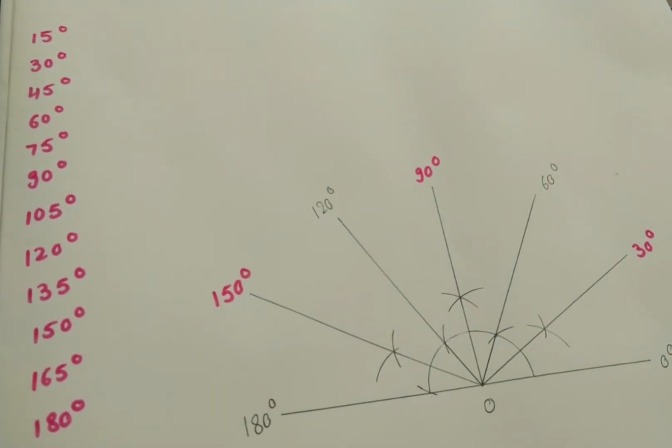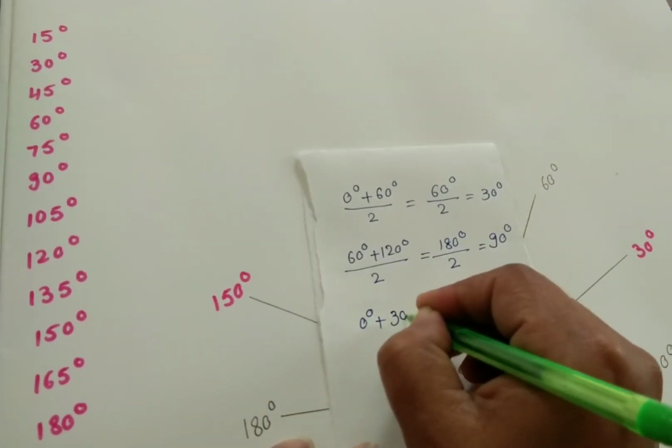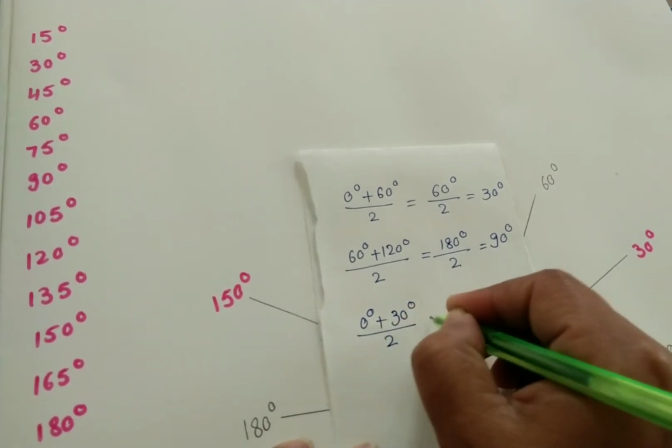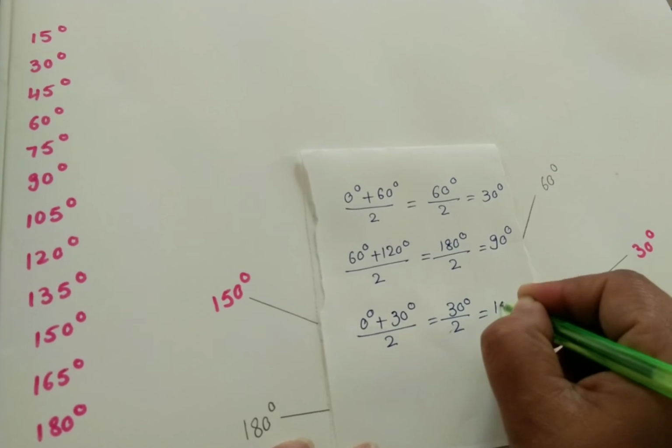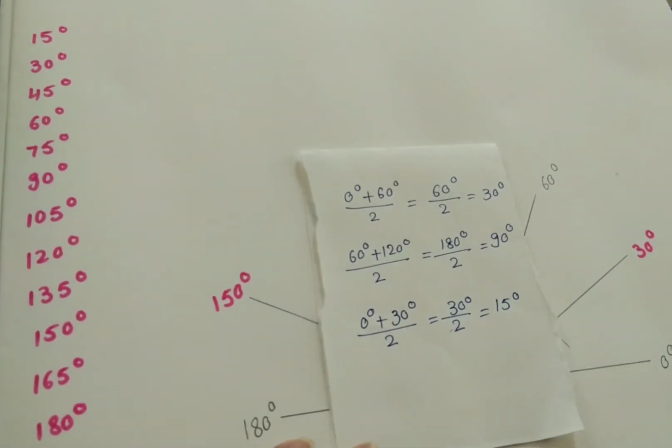Similarly, when we do the bisector of angle 0 degree and 30 degree, then we will get 0 plus 30 degree divided by 2, 30 degree divided by 2, which is equal to 15 degree.